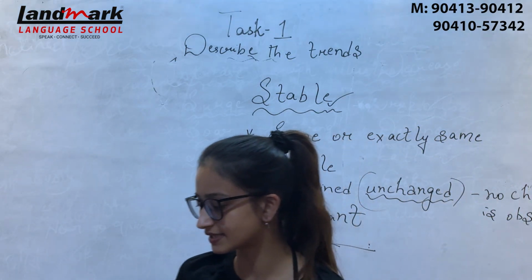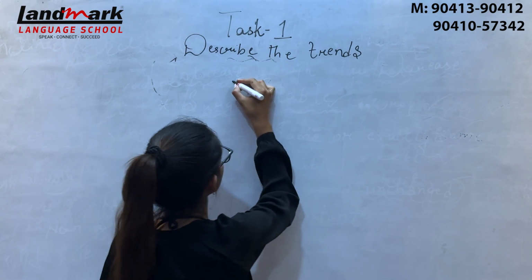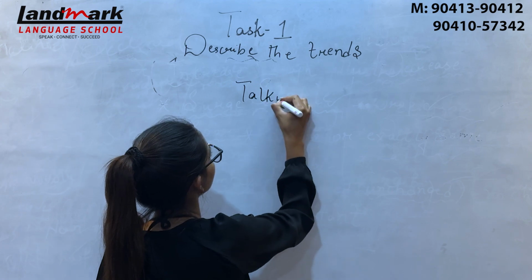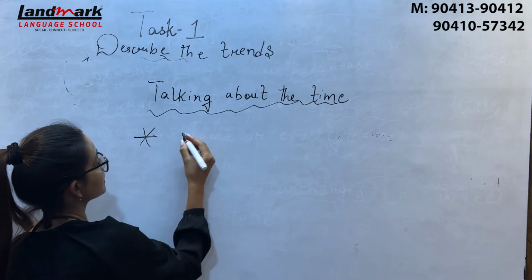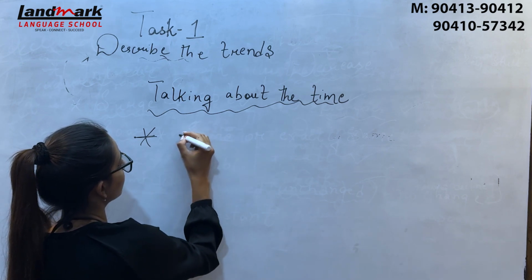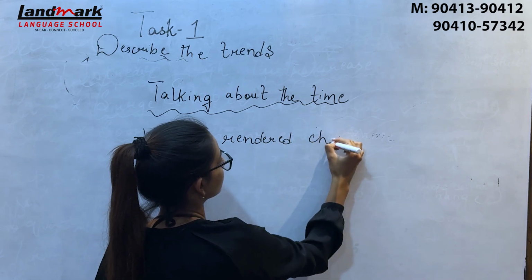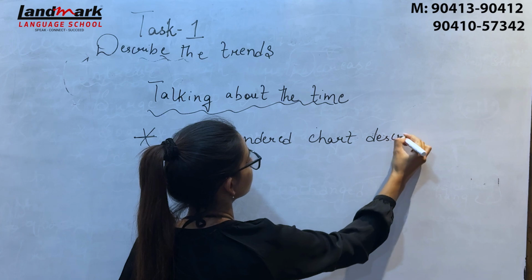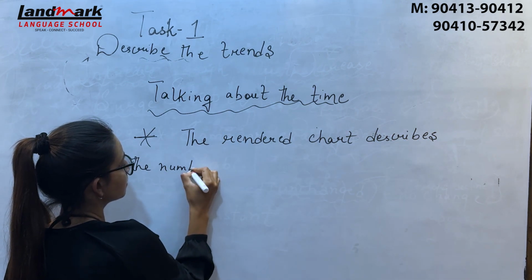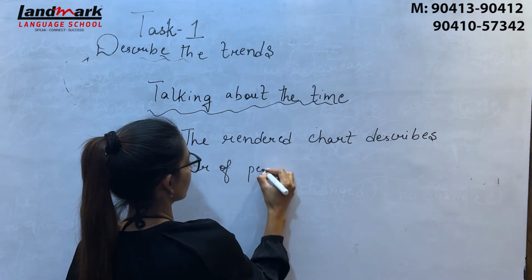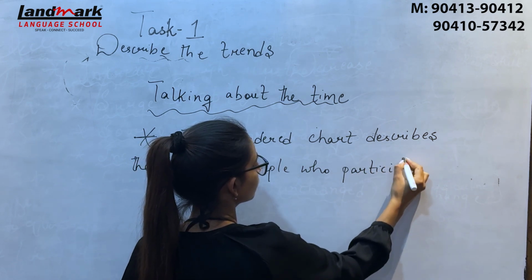Now we will discuss talking about the time. In your Task 1, when we start our intro, as I discussed earlier in this video, the rendered chart describes the number of people who participated in sports.